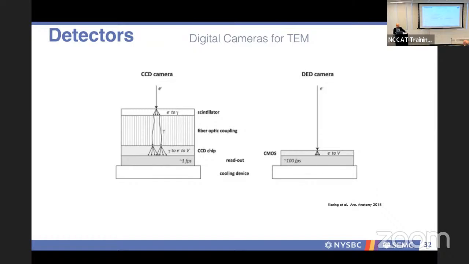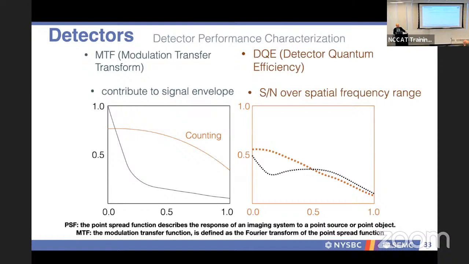So that's why if you look at a lot of the modern cameras, the performance at 300 keV is better than 200 and better than 100. And so that's why, when we were pushing for lower keV FEG instruments, we don't reach the same resolutions as we could theoretically, primarily because our detectors are not performing. So there's a lot of development right now on hyperpixel detectors or 100 keV detectors to better utilize that form factor.